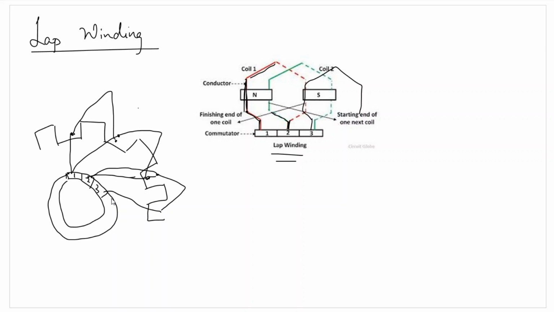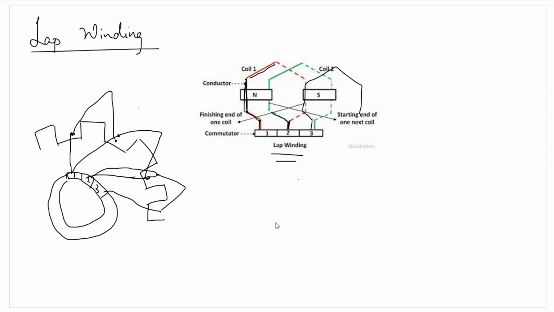Simply stating, we have a winding that's made up of a number of coils, and each coil is made up of at least two conductors. We need to understand that this is only one winding.